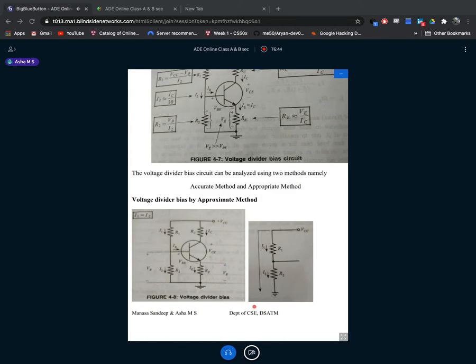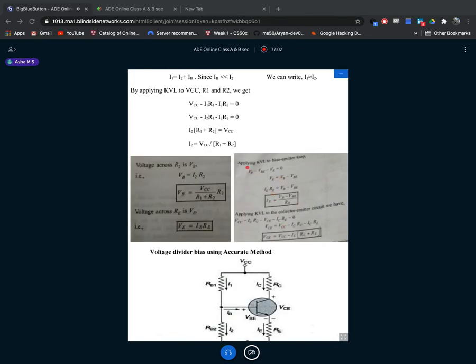We are starting from here. The base emitter loop consists of VB, VBE, and it ends here. So VB minus VBE minus VE is equal to 0, for this loop.